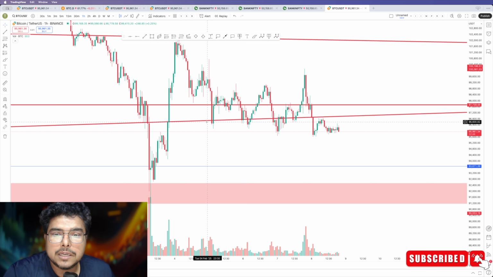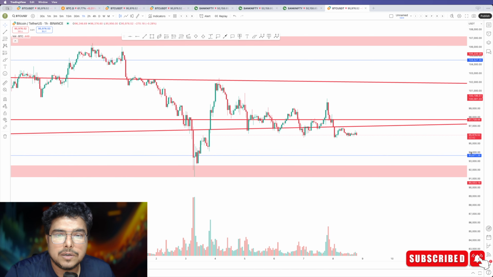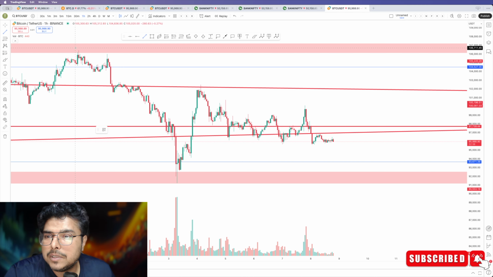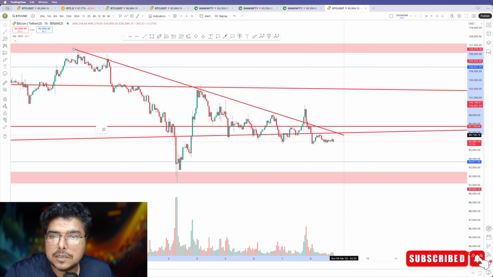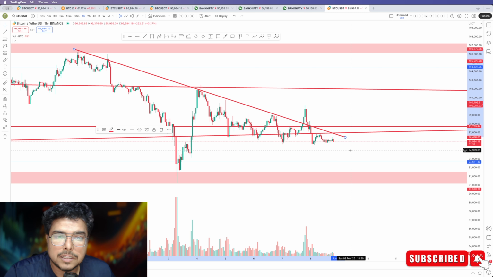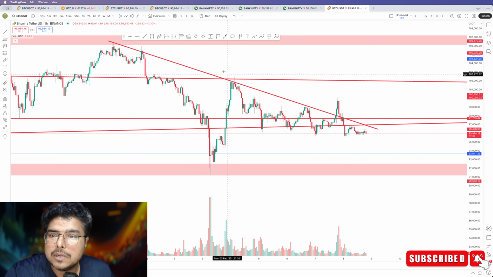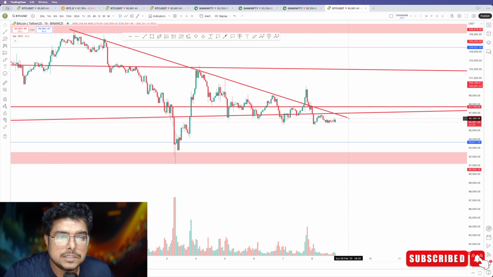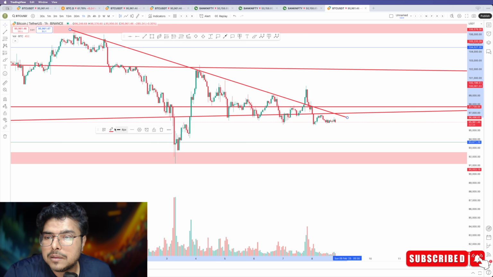But it's creating lower lows from here, and it is concerning. So we have this trend line here. Yeah, that is the more convincing one. Okay, so it is negative as long as it is below this line on the hourly chart.